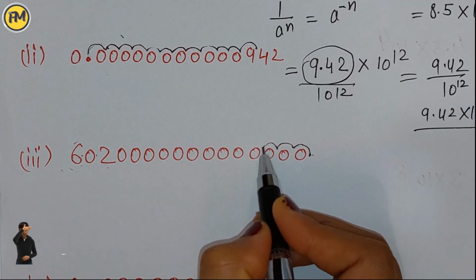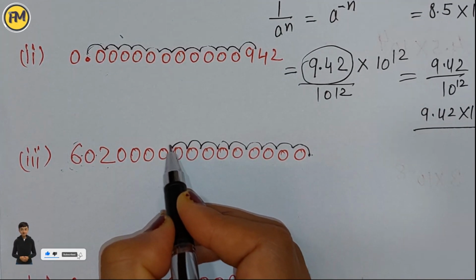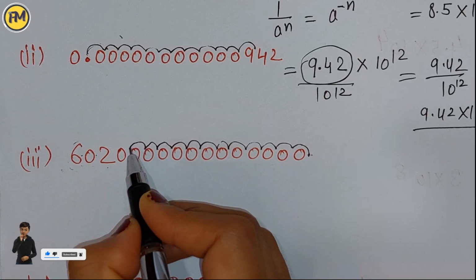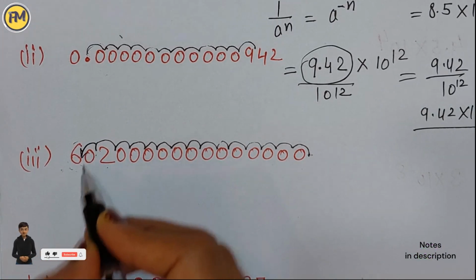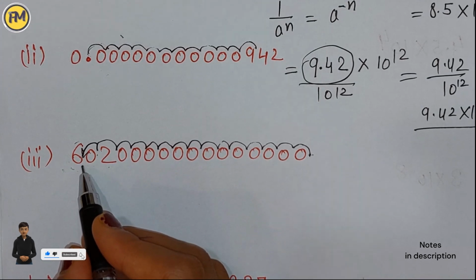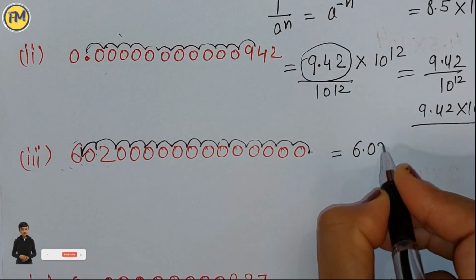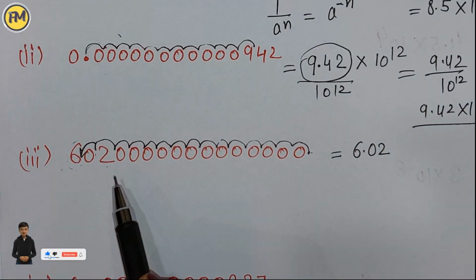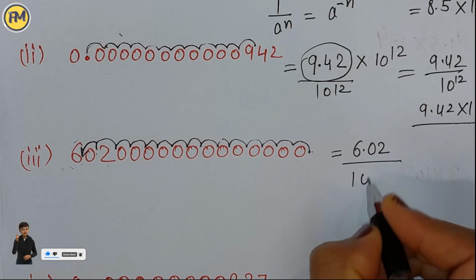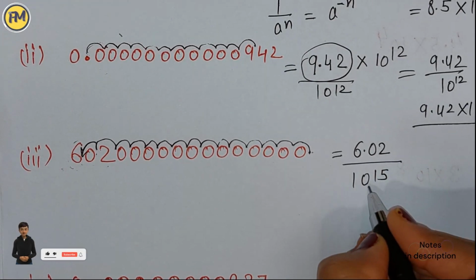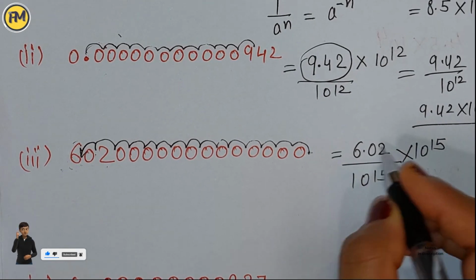So now count the steps: 1, 2, 3, 4, 5, 6, 7, 8, 9, 10, 11, 12, 13, 14, 15. So here we are reaching in 15 steps. Now it will become 6.02. That means for solving this we have to divide by 10 raised to the power 15, and if you are dividing, then you have to multiply also by 10 raised to the power 15.